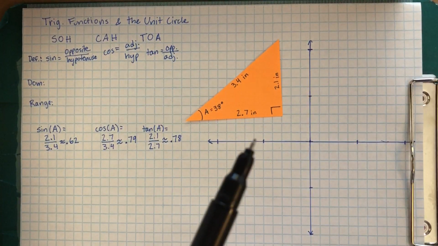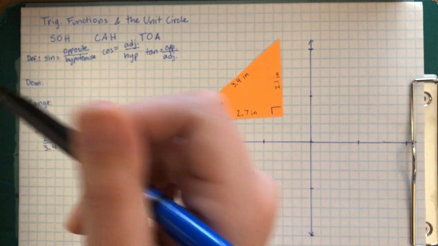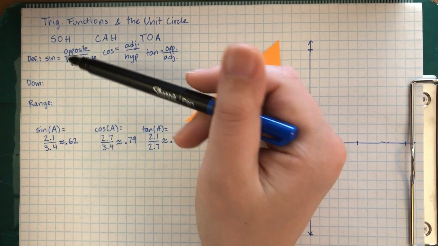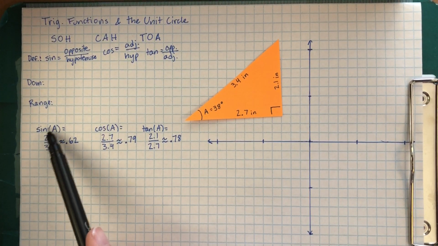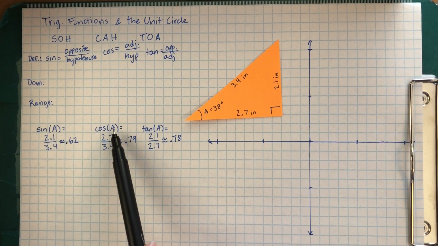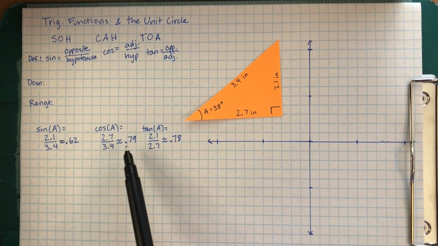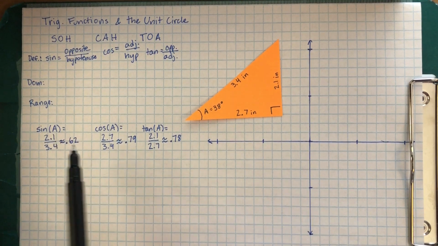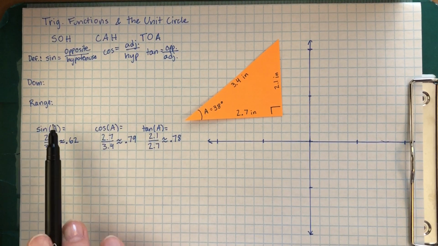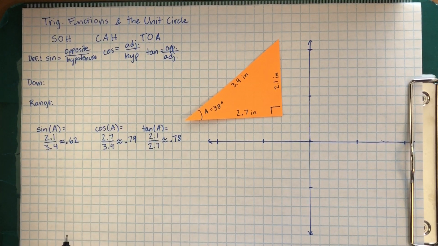Before I move on with these, let's think a little bit more about what these functions are, because they are functions. You can see that we're sort of putting in an input and getting an output. So the domain of a function, or the input to a function, what are we putting in here? What type of quantity is the input to the function?